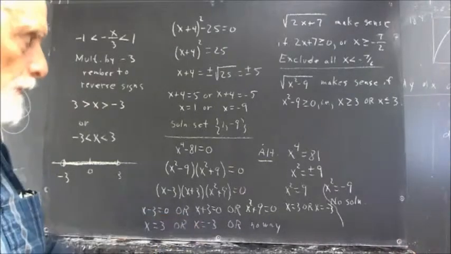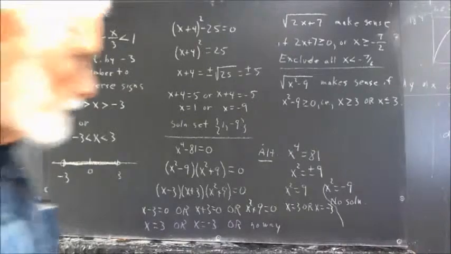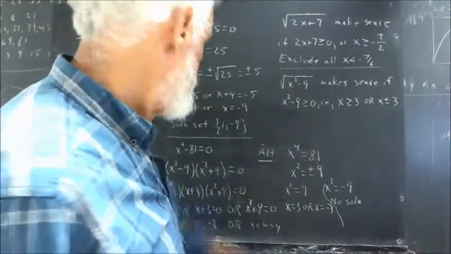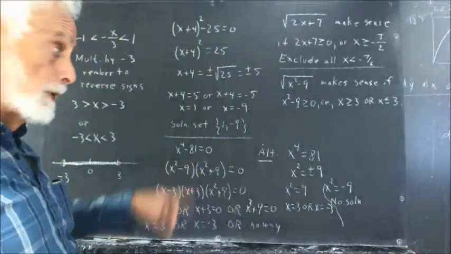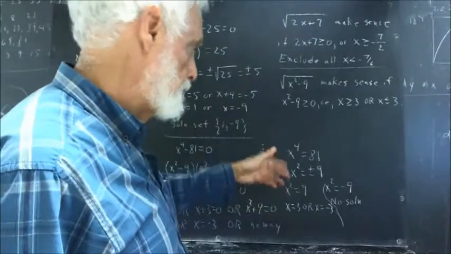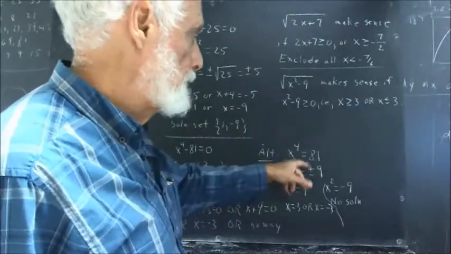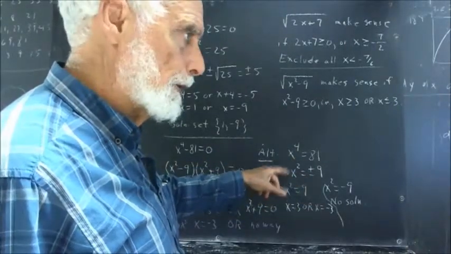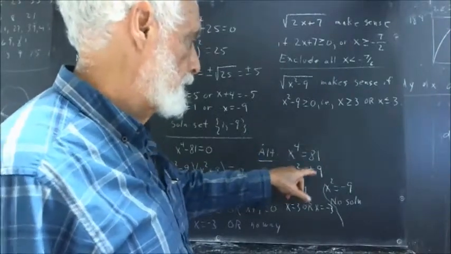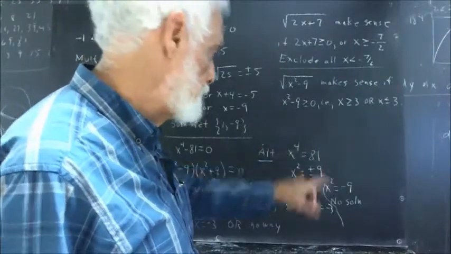3 or -3. Another way, x to the 4th would equal 81, just adding 81 to both sides. So x squared then would be plus or minus 9, since x squared is the square root of x to the 4th, so x squared is going to be plus or minus the square root of 81.